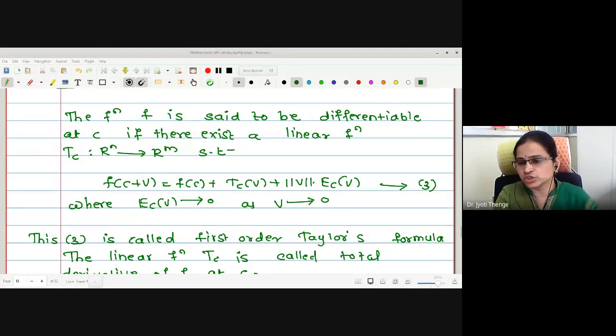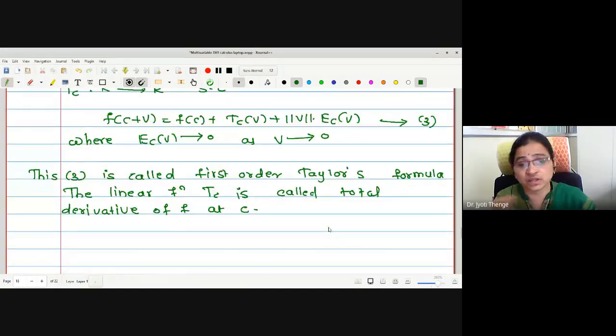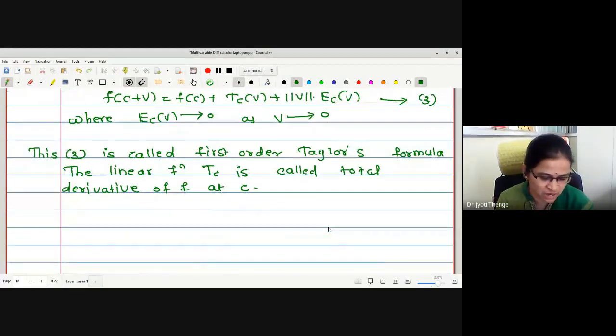Now what remains to check? It remains to check whether this total derivative gives us the continuity or not, or how to find out the total derivative. In the next lecture we will check whether this total derivative gives us the continuity or not, and surely this total derivative is giving us the continuity of the given function.